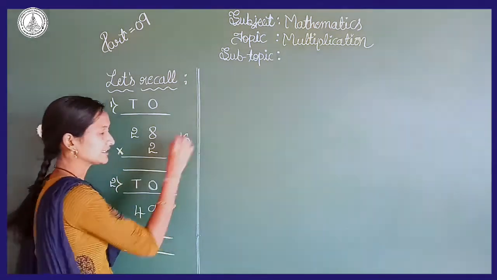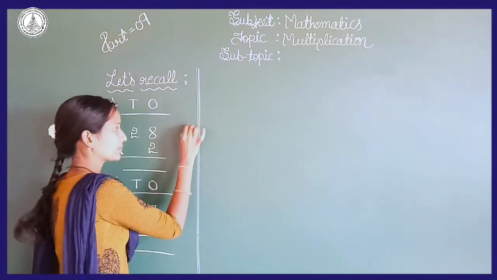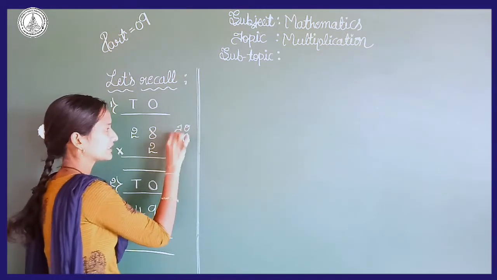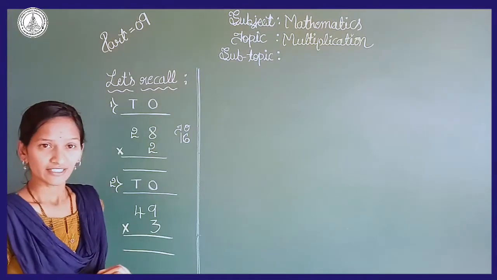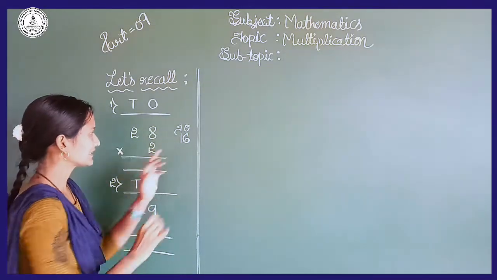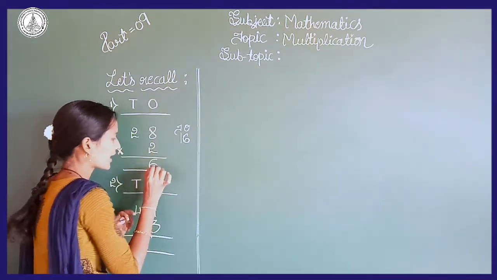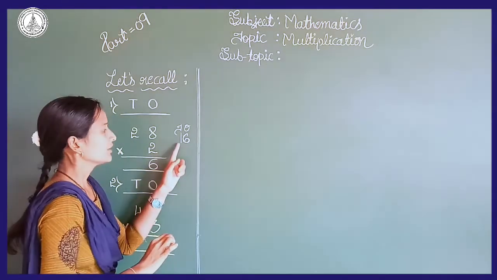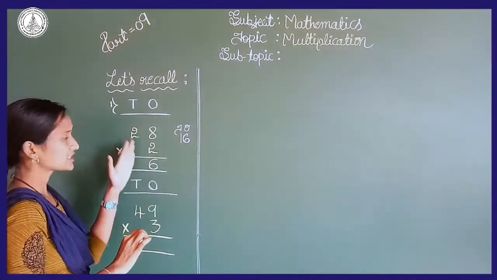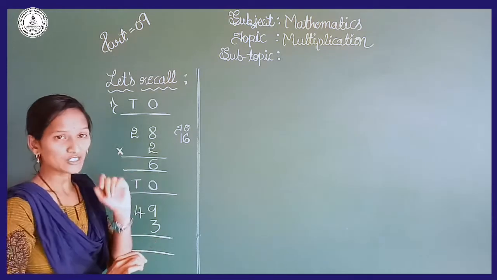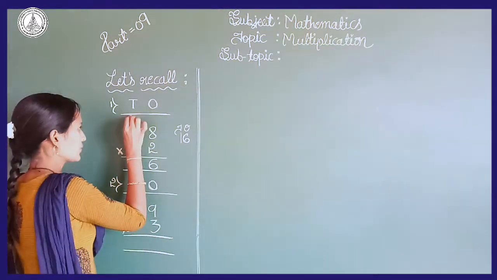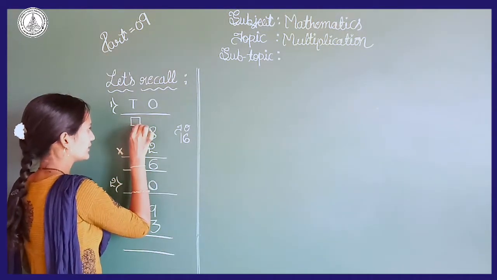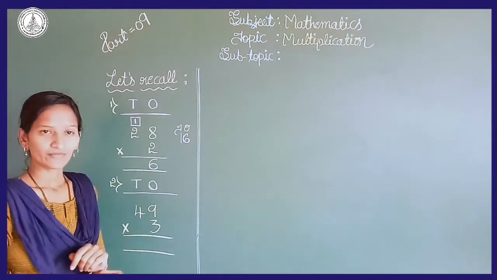In 16, the 6 is in the place of ones and 1 is in the place of tens, right? So I am writing this 6 under the column of ones and I am giving carry 1 to the next place, that is the tens column. So I am writing 1 in this box.